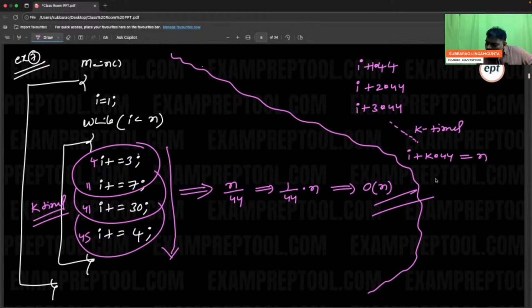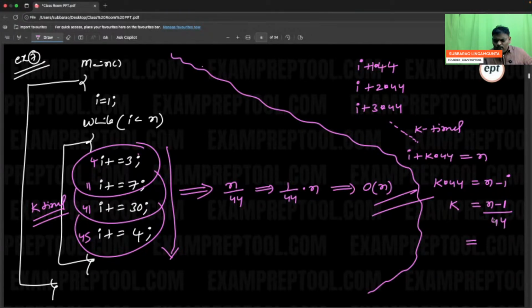Then k into 44 is equal to n minus I, where I value is initially 1. So n minus 1. K into 44 is equal to n minus 1, so k is equal to n minus 1 by 44. Minus 1 plus 1, don't bother.